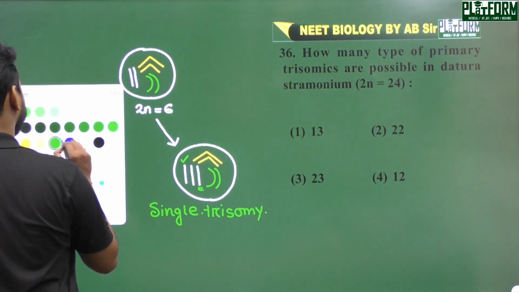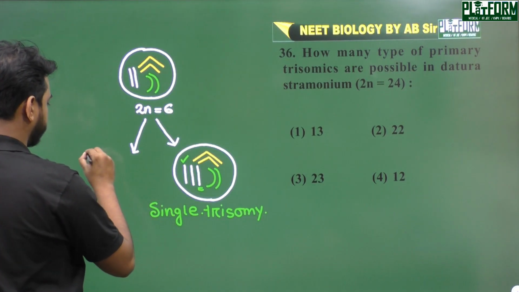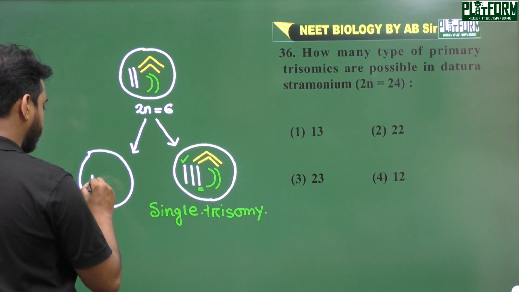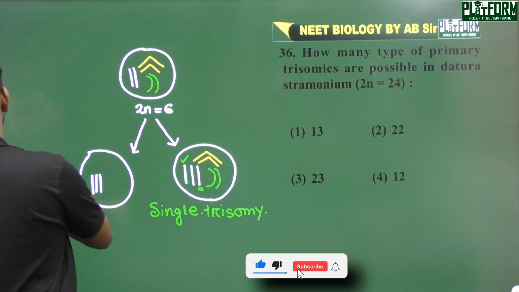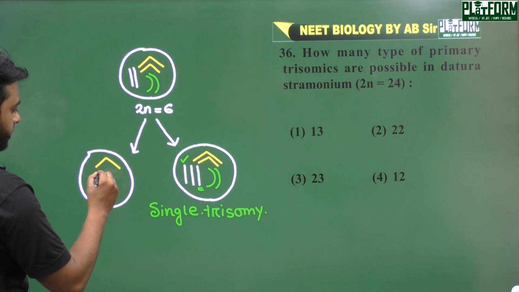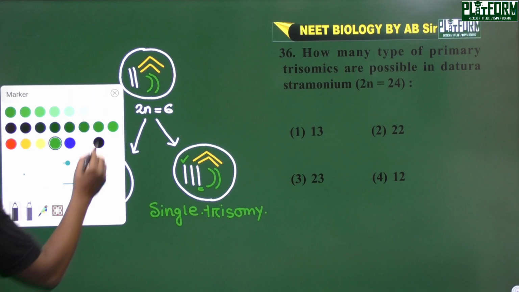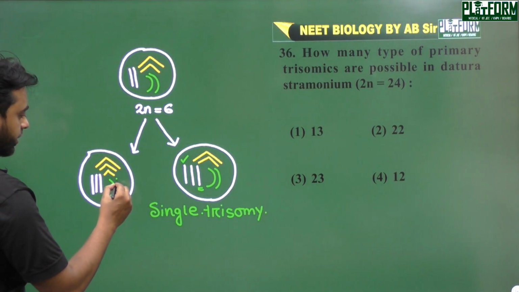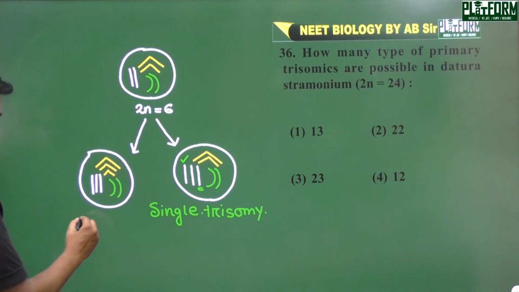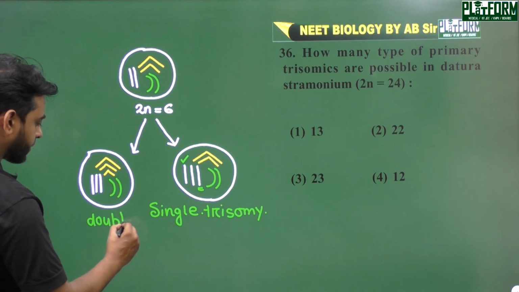Similarly, double trisomy is also possible. Just have a look. This is the first set, this one is the second set, and this one is the third set. The trisomy is observed in 2 sets, so it is known as a double trisomy.